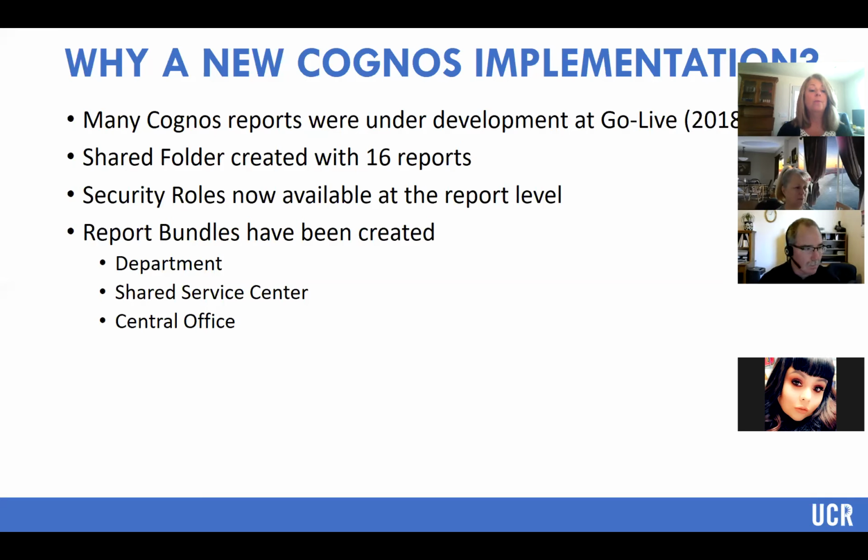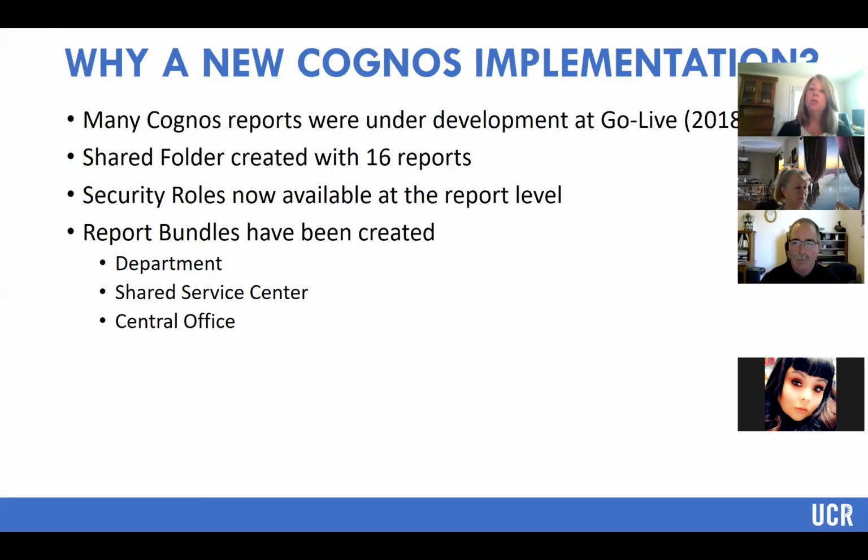Well, meanwhile, more and more reports were becoming available, and we still had that list of 16 reports that were in the shared folder. And now it was just really time to address making more data available to the departments and the orgs on campus so that they can manage the UC Path data a little bit easier.